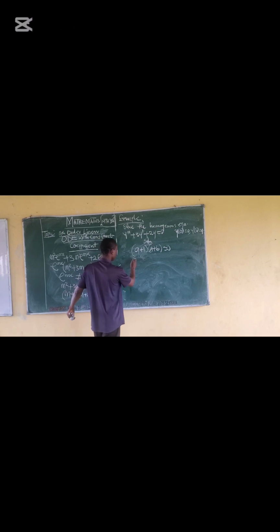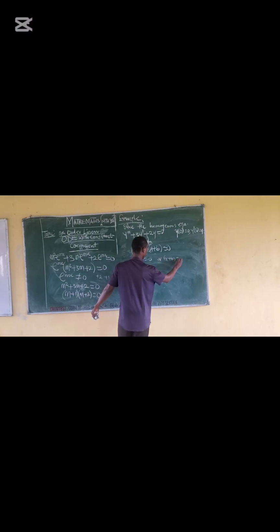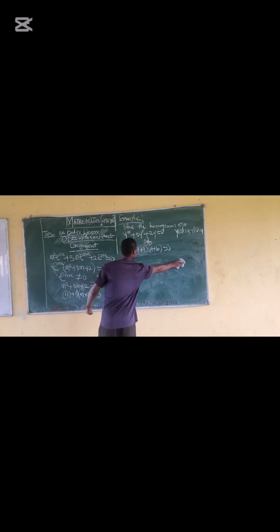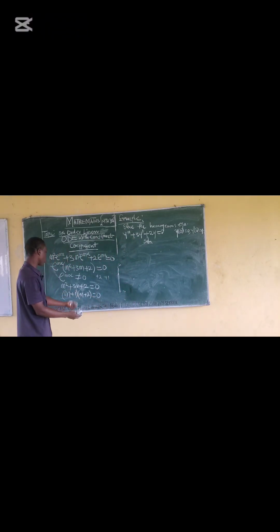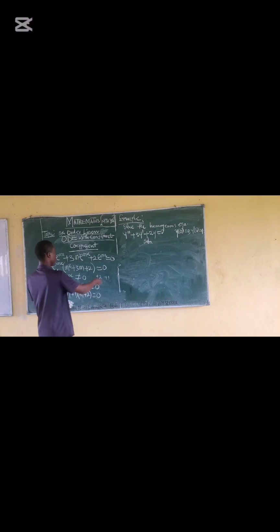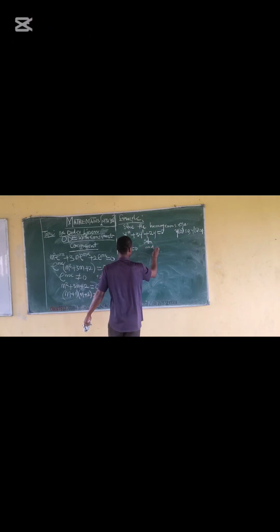It means that a plus 1 is equal to 0 or a plus b is equal to 0. So we are going to use this idea in this place. Because I know that m plus 1, m plus 2 is equal to 0, it means that m plus 1 is equal to 0 and m plus 2 is equal to 0.